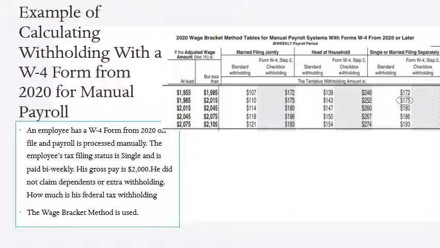Okay, so looking at that amount, and we know that he makes $2,000, so he's going to fall within this range here, and he is single, and so his tentative withholding is going to be $175. However, there is no additional withholding that this employee wishes to claim, as that is not stated anywhere in the problem. So his federal tax for each paycheck will be $175.